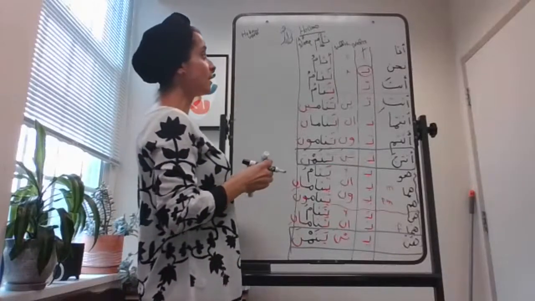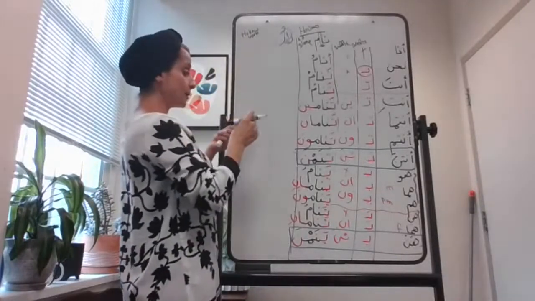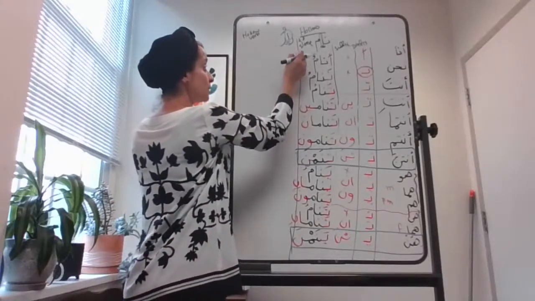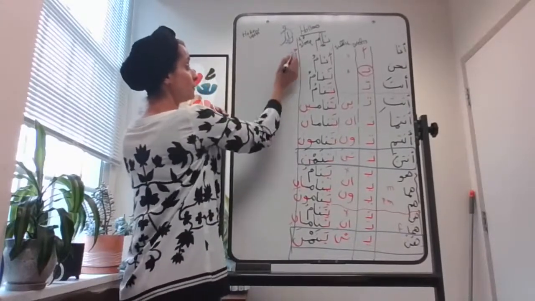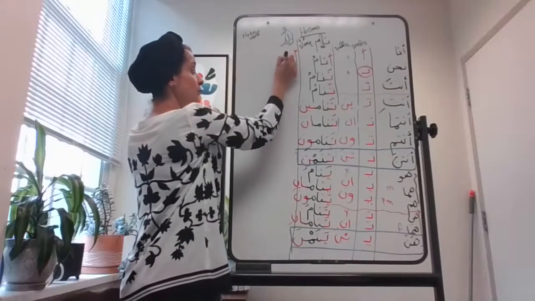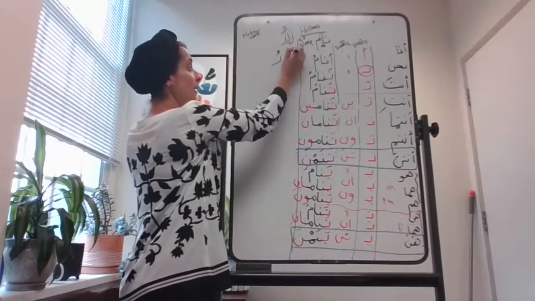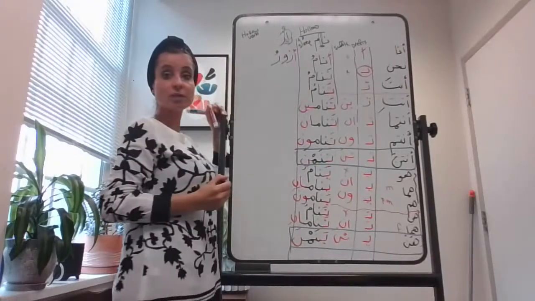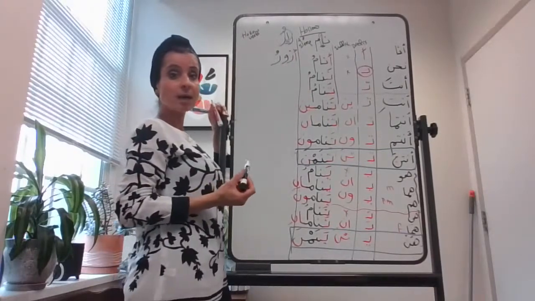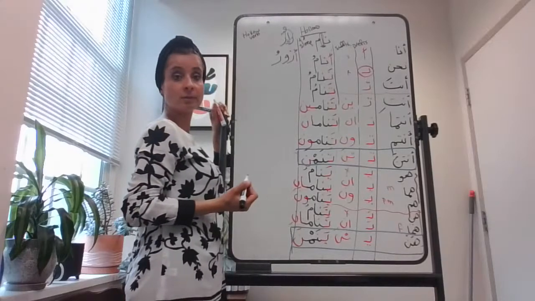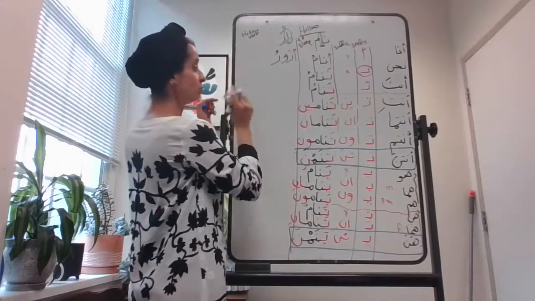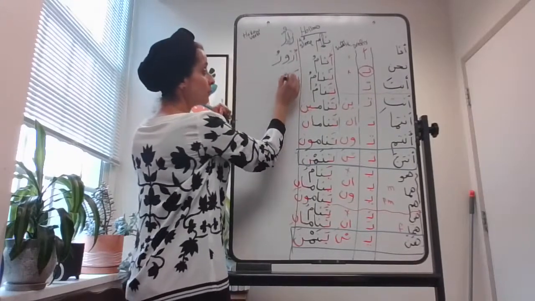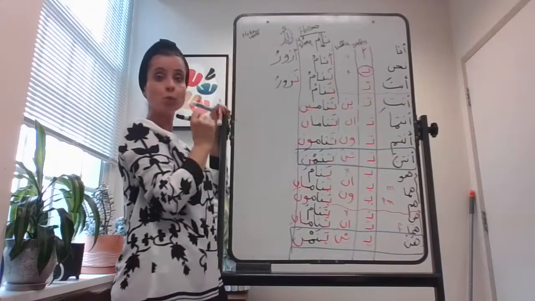So for Zara, I will add the prefix. This is the hamza, and this is the first root, the second root, and the third root. In azuru, we just turned the alif to the original sound. Zara, azuru. Nahnu, same thing, nazuru.